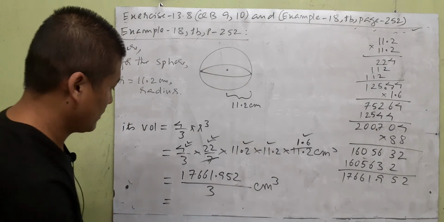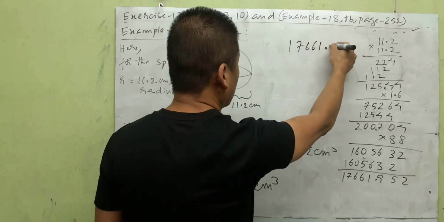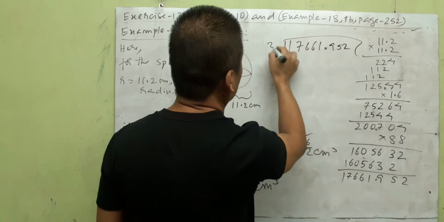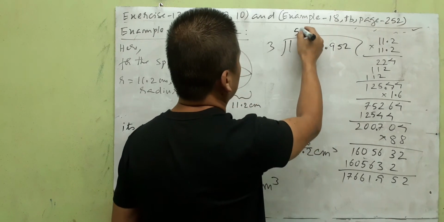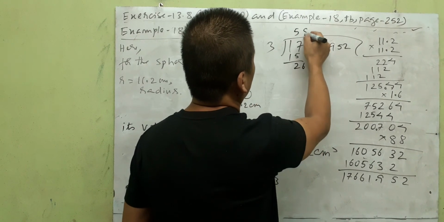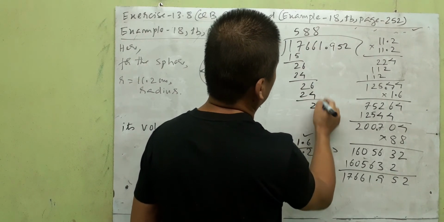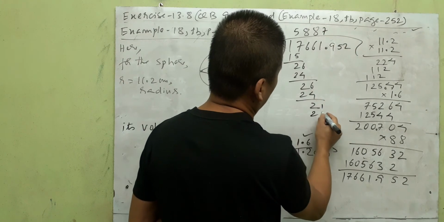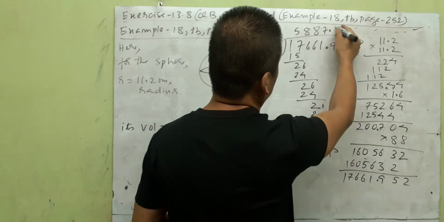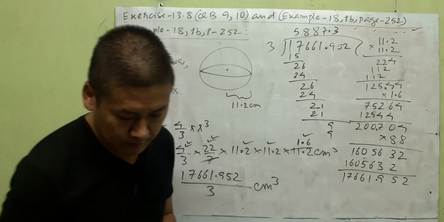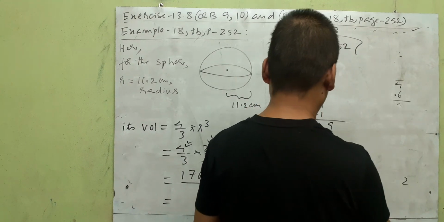If you want to do this, 17661.952 divided by 3, you can observe here. 3 5s are 15, 1 2 in hand, 6 8s are 24, 2 in hand, again 6 8s are 24, again 2 remainder, then 1 will come. 3 7s are 21, no remainder, then point, we put here, then 9 again, so 3 3s are 9, right.